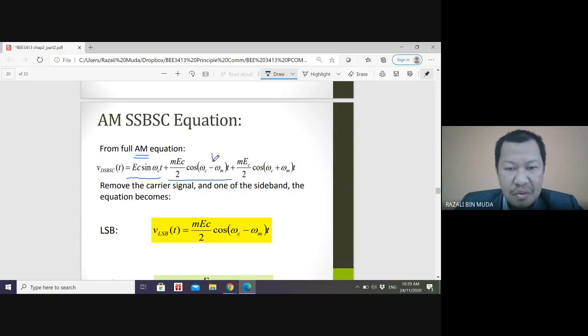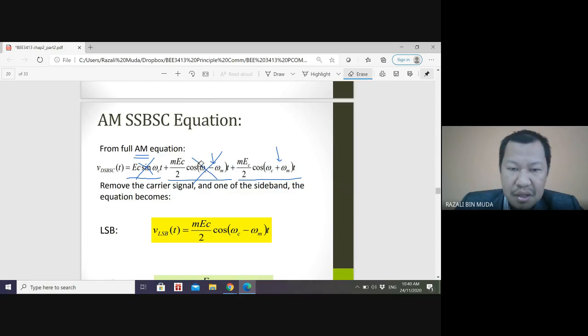This one with the minus sign is the lower sideband, and this is the upper sideband with the plus sign. So remove the carrier signal and one of the sidebands and the equation becomes, so you remove this part and you remove this part.